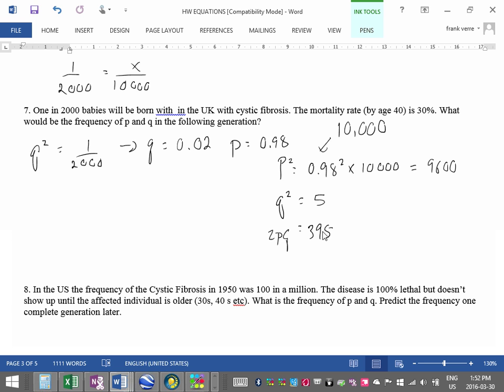What you do is you say, all right, let's say that 30% don't make it. What's 30% of 5? 1.5? So we expect 3.5 individuals will survive.